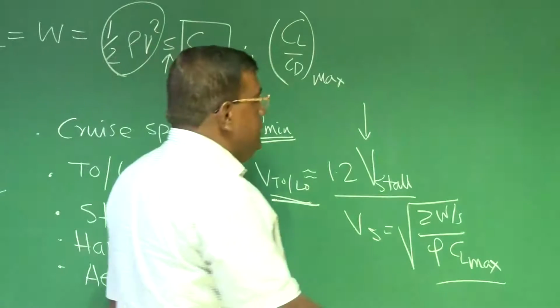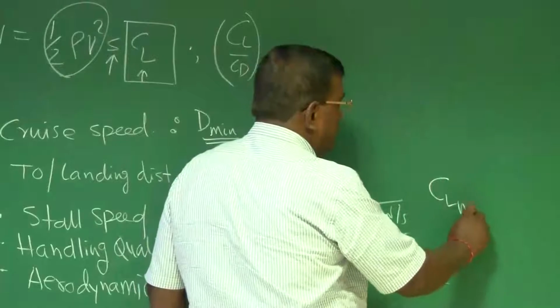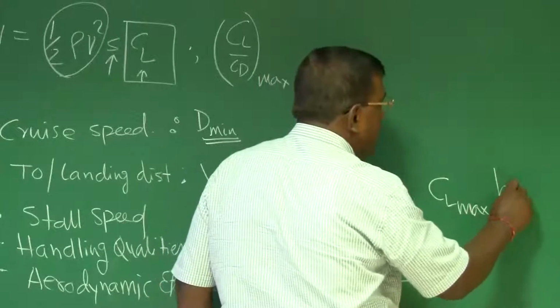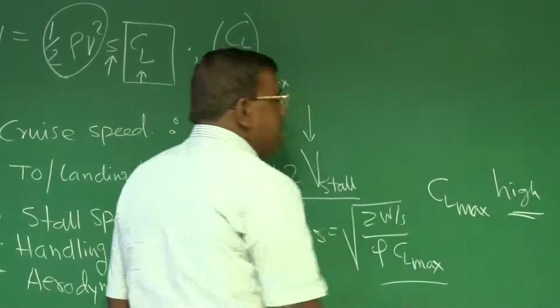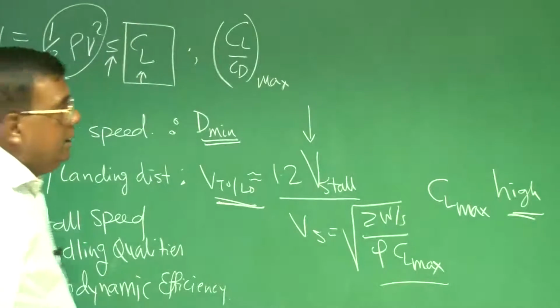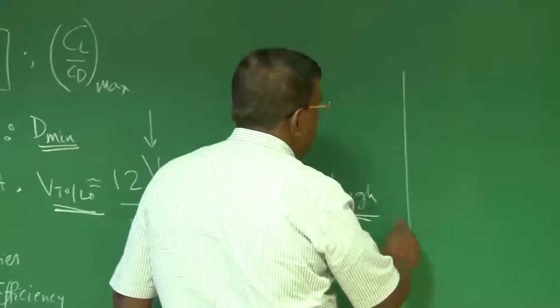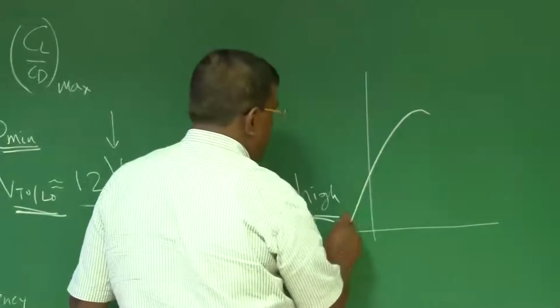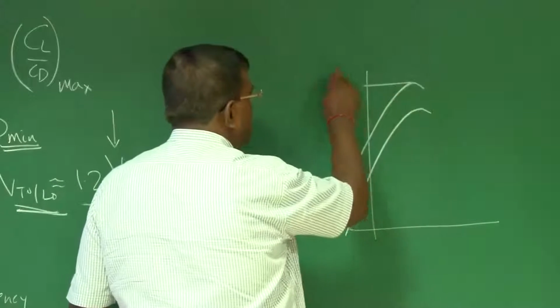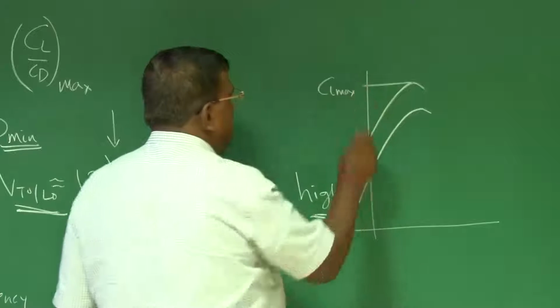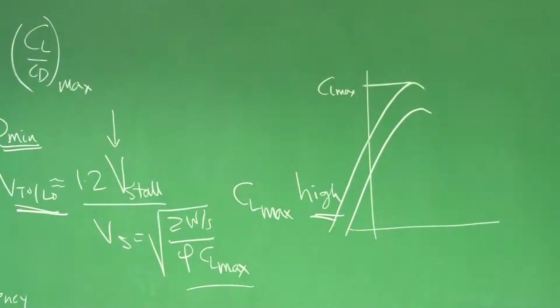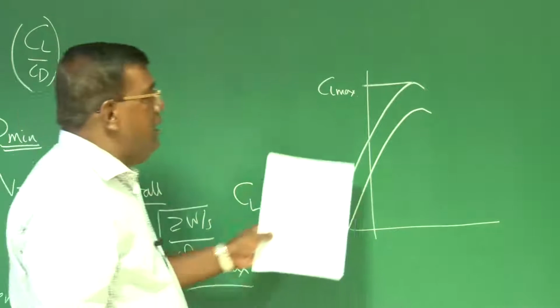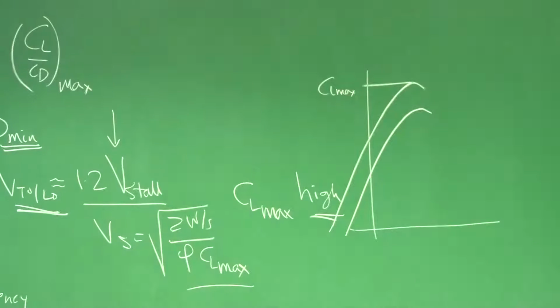What this indirectly means is, for other things remaining constant, CL max should be high. A high CL max is possible if you select an aerofoil where CL max is high. So from the beginning you have an aerofoil selected with high CL max, but the moment I look for high CL max, I am mentally prepared to give a penalty in terms of drag, and even the stall angle may reduce.